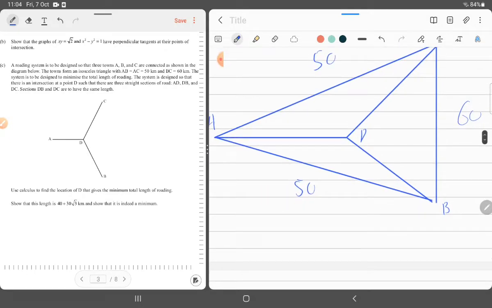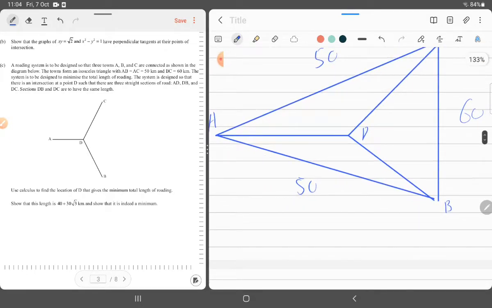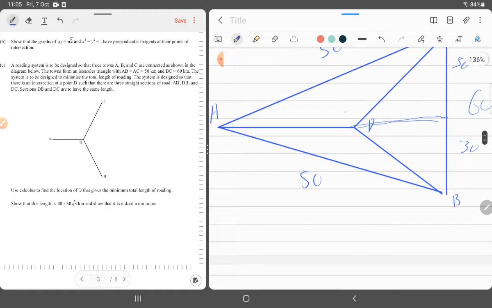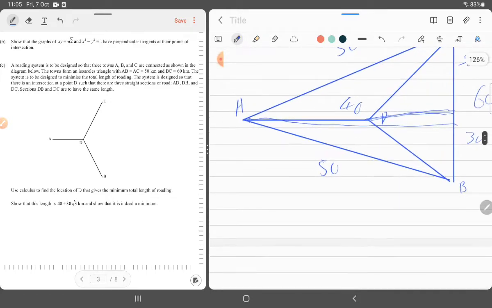If we break this in half, midway through 60, then this will be 30. This will be 30. Therefore, this horizontal distance is 50, 30. This will be 40. This distance from A to the midpoint of BC will be 40.